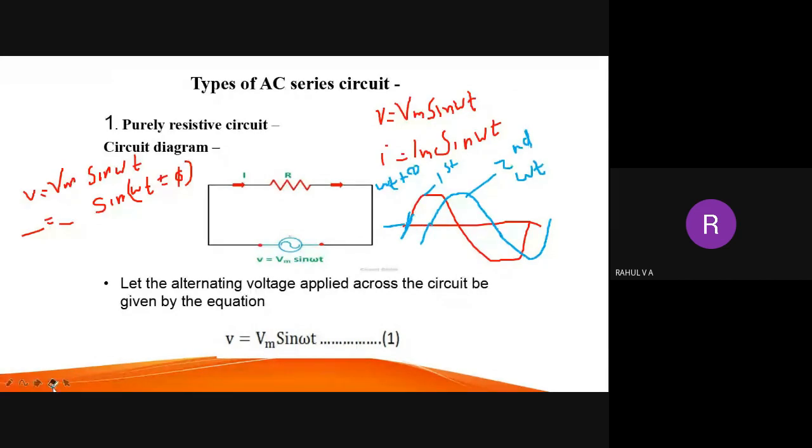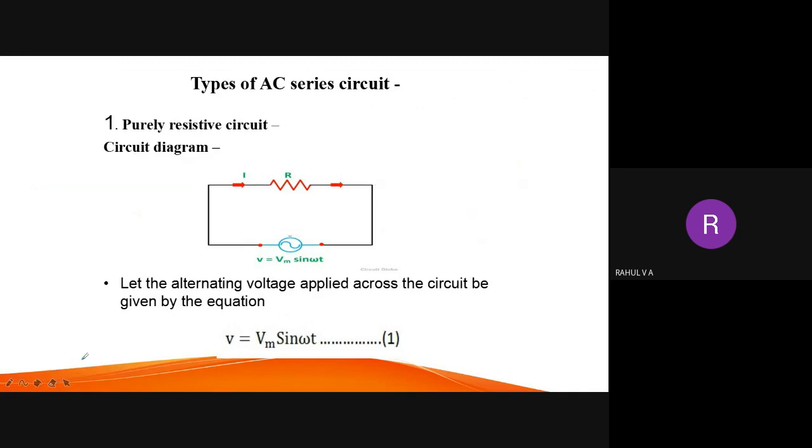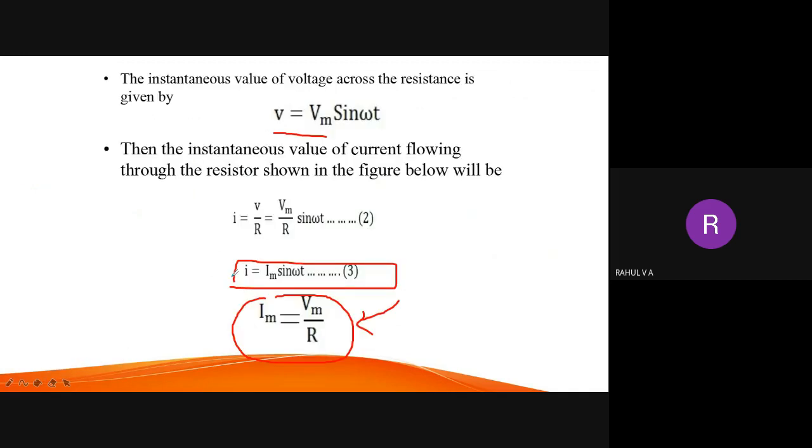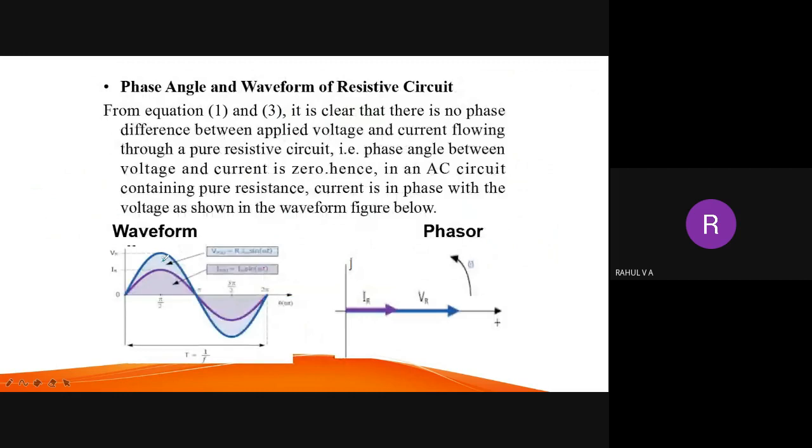But in our case, if you look at the equation, there is no plus or minus angle. Both are of the same phase. So they have drawn the waveform like this. You can see that there is a voltage waveform in blue, and the second waveform, in violet color, is also exactly in phase with it. You can see that both are crossing zero at the same time.